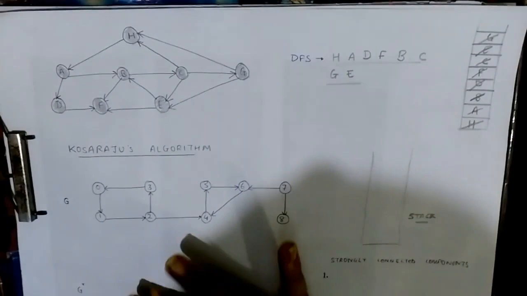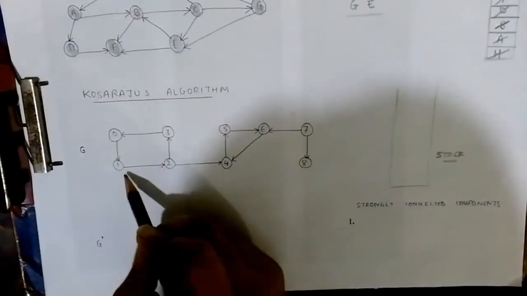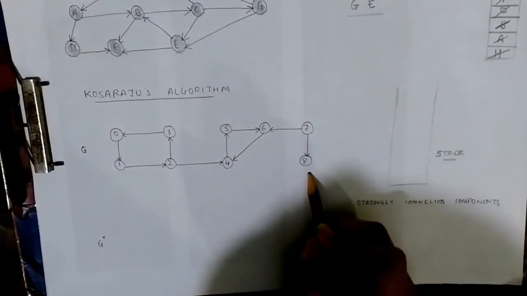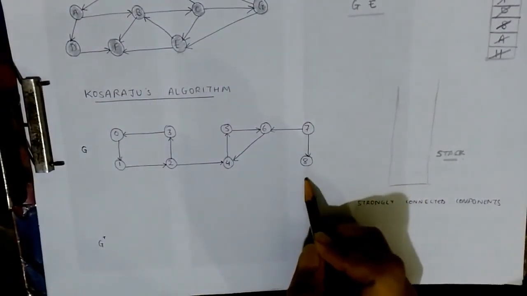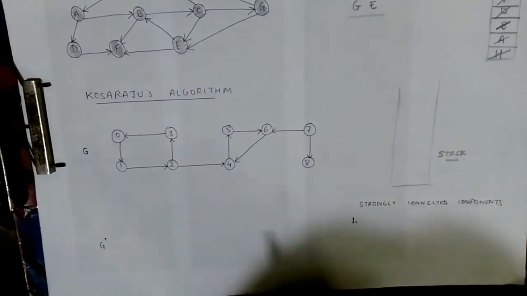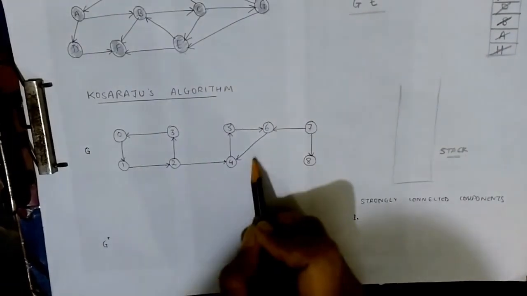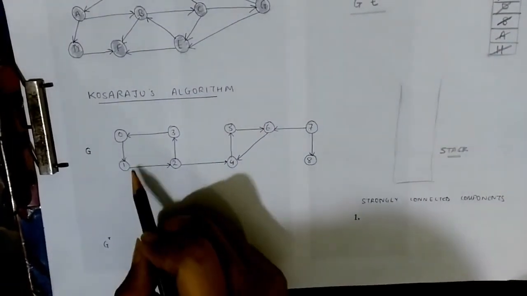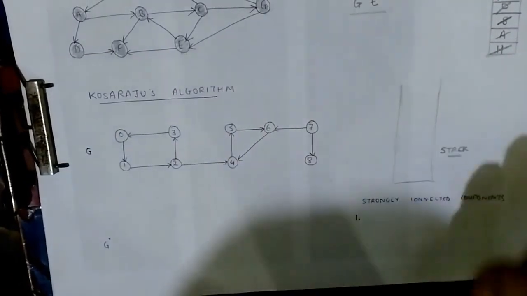Now let's move on to Kosaraju's algorithm. I have taken this graph. We need to find the number of strongly connected components in this graph. How will we proceed? We'll do DFS traversal on this graph, and we'll mark the starting and ending time count.